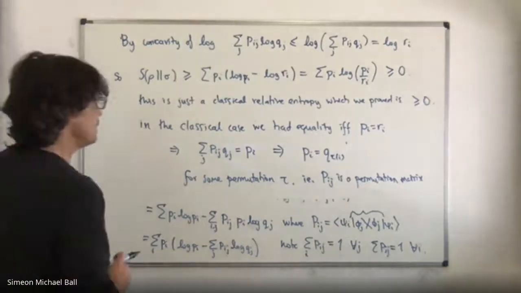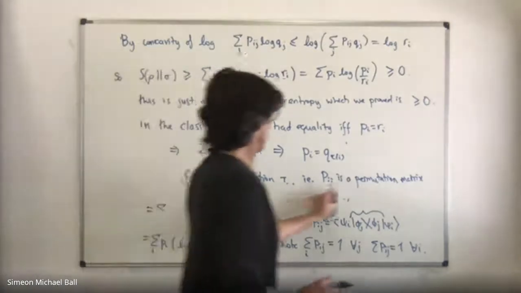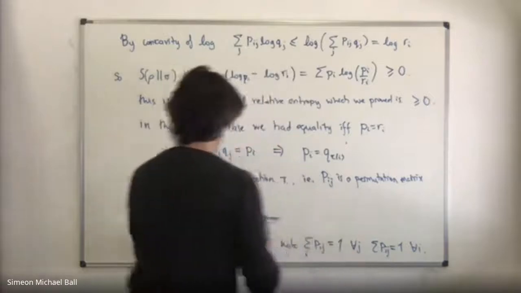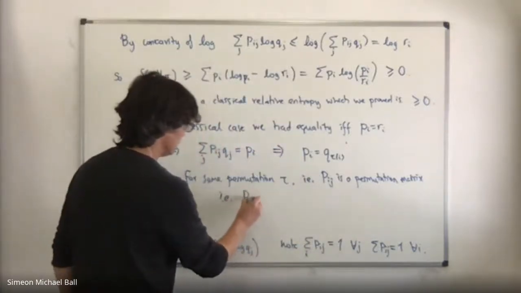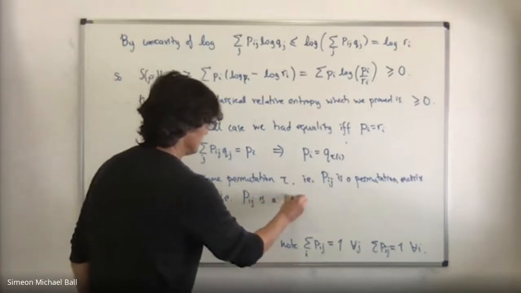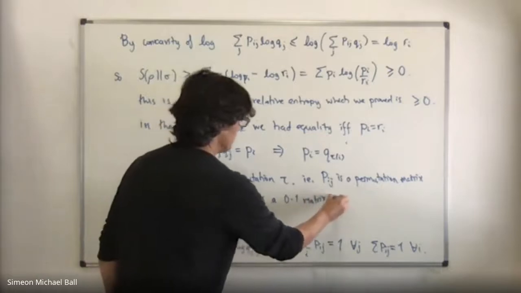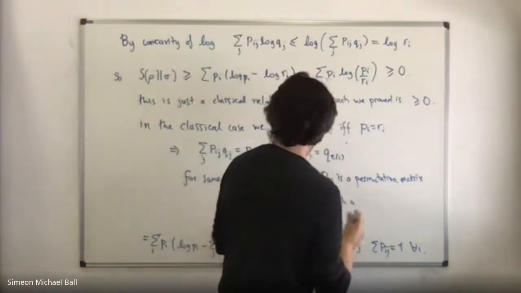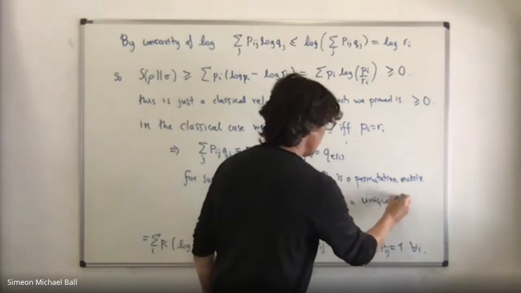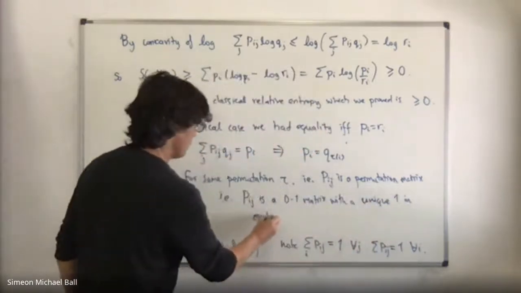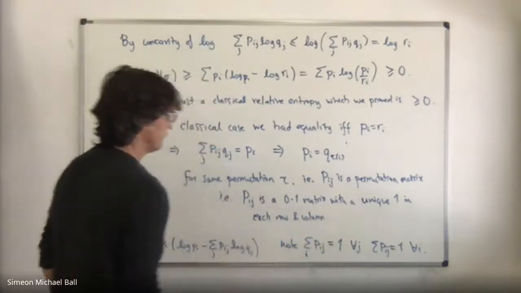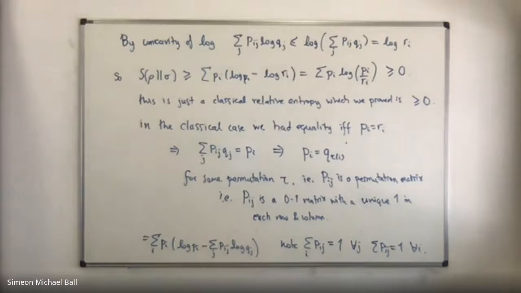For that you also need to use the backwards direction. The zero-one matrix would have a unique 1 in each row and column. But what was PIJ?